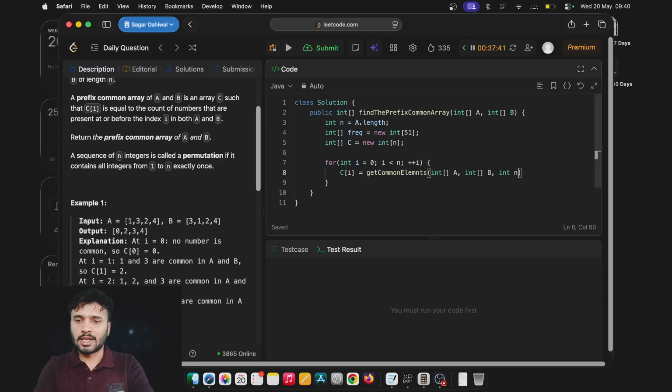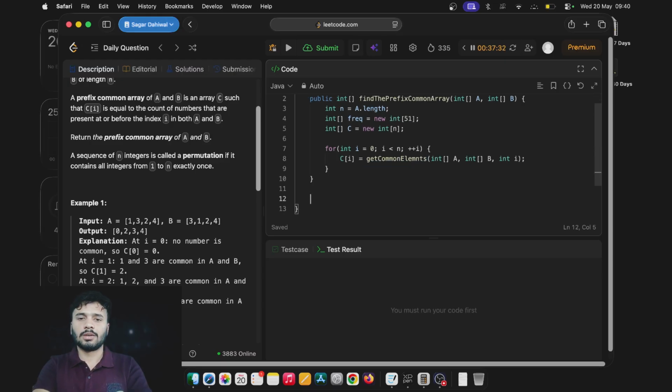Okay, and now the core function, public, and we need to pass the frequency also here.